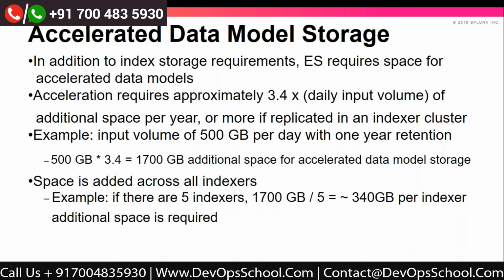If we have 5 indexers, you can divide the storage by 5, and then add some padding, like 30 to 40 GB more, and consider that the final storage per indexer. Sometimes one indexer can go down and you may need to send the data from other data sources to the existing indexers that are up, and that can also consume some storage. So just keep that in mind and add a few GB as padding.